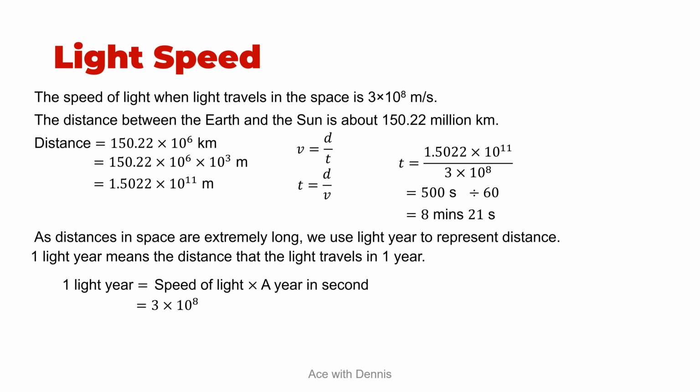So the speed of light is 3 times 10 to the power 8. A year in seconds will be 365 days times 24 hours times 60 minutes times 60 seconds. And we'll get 9.46 times 10 to the power 15 meters. So 1 light year is very, very far.